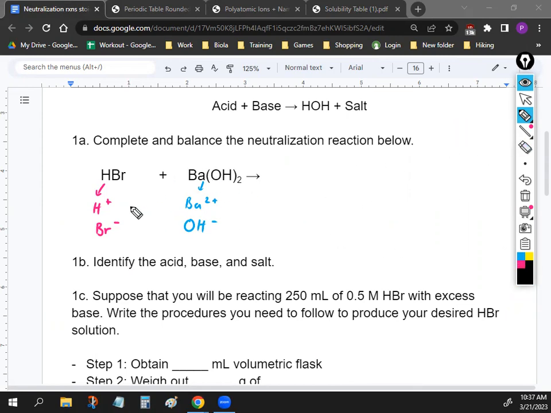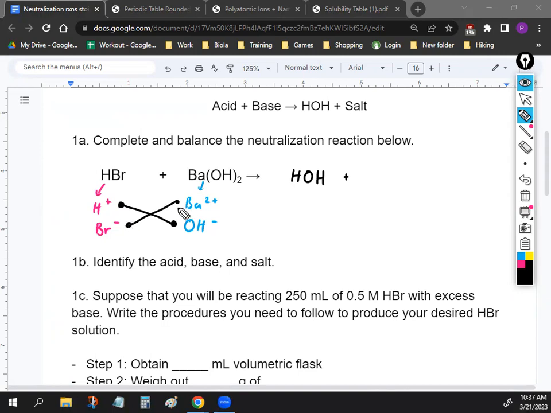So we have to do the double replacement. You have to take the positive of one of them, so I'm going to take the H right here, with the negative of the other one. If I put H and OH together, are the positive and negative charges going to balance out? Yeah, it's +1 and -1, right? So we can just write HOH. Again, this is water. And then we're going to put these two together.